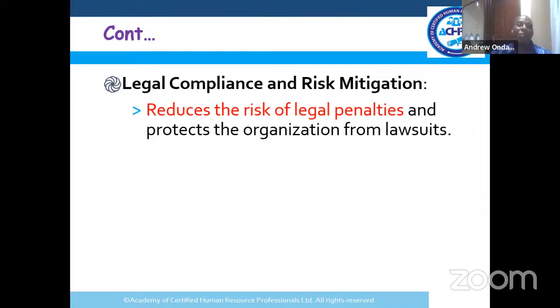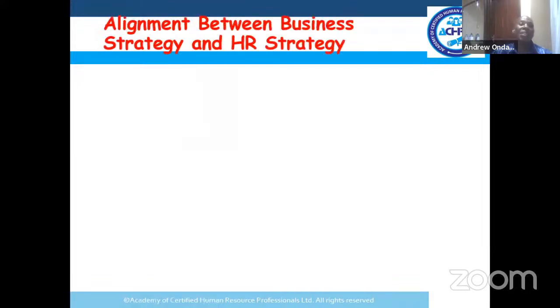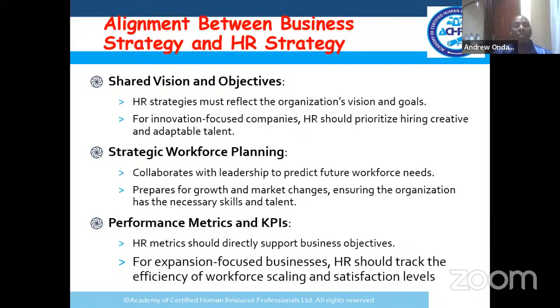Now let us move to the next part, aligning business strategy and HR strategy. By alignment, we mean that whatever we do in HR is meeting or satisfying the HR strategy as well as the corporate strategy.